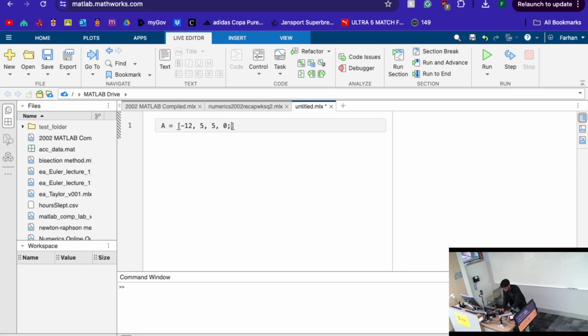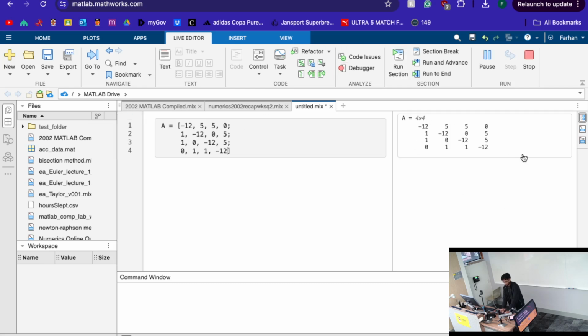Then you get 1, -12, 0, 5. Then 1, 0, -12, 5. Then 0, 1, 1, -12. Let me see if that works. Yeah, that's our matrix right there.